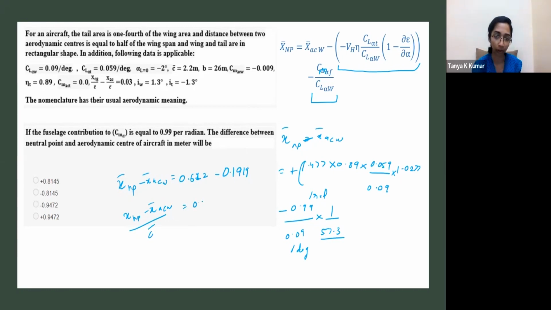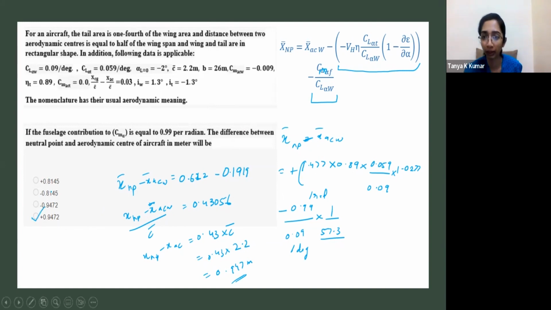How much is this value? 0.43056. So XNP minus XAC would be 0.43 into C bar. So that is 0.43 into how much C bar? 2.2. This value is 0.947 meters, right?